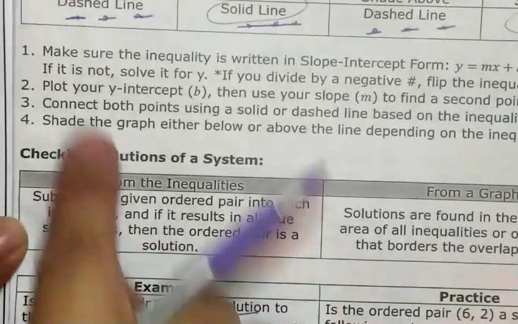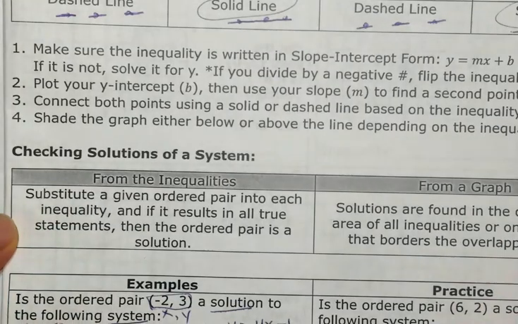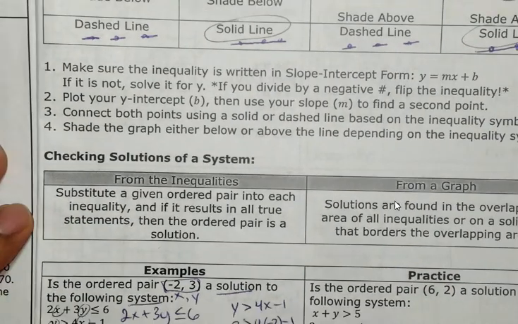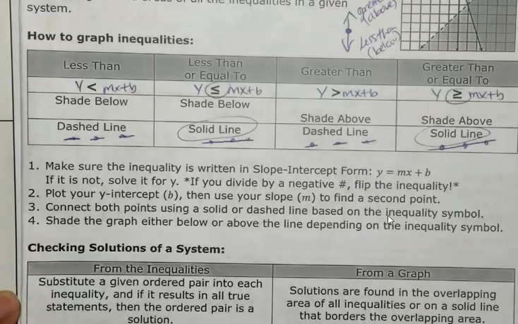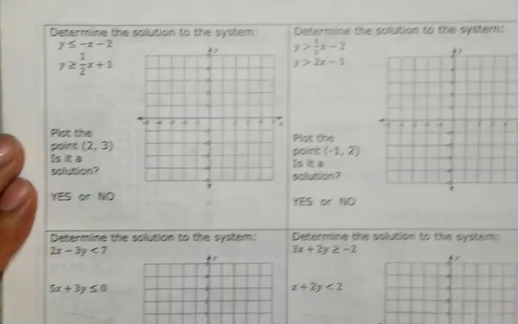So we're going to go ahead and follow these steps to graph inequalities from scratch. And this is your go-to to refer to for reference. All right, I'm only going to do the problems on the left side as examples for you to practice the ones on the right side.